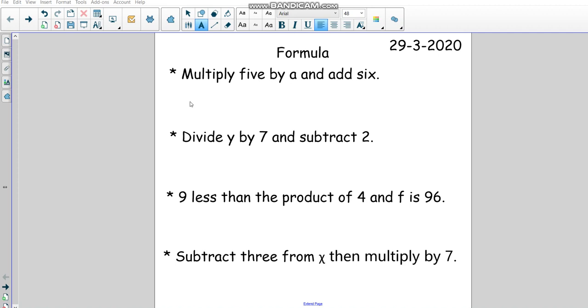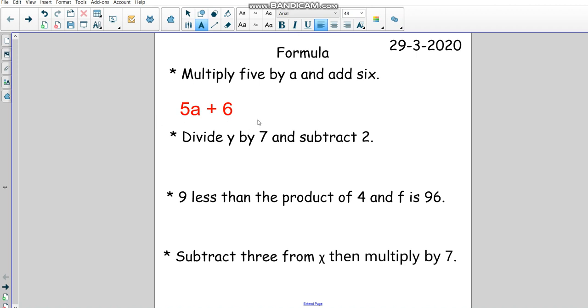That means to write the expression multiply 5 by a and add 6, I will start with 5a plus 6. And this is the first expression that expresses multiply 5 by a and add 6.